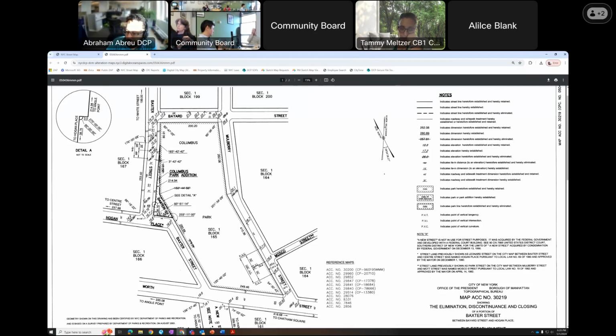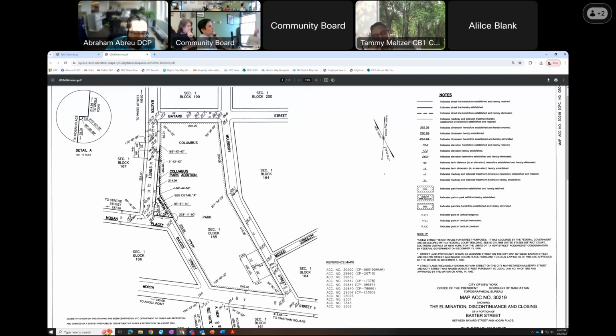So it existed before, it's existing now. This map is not changing it. It's staying the same. A darker line is a new street line, a street line hereby established, and the dashed one was heretofore established, hereby not retained. Used to exist, now we're getting rid of it.